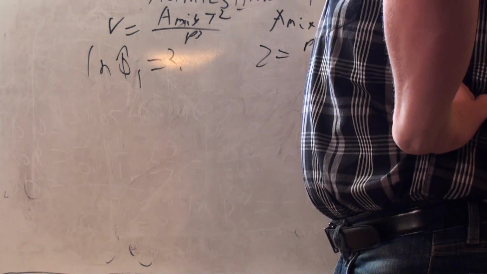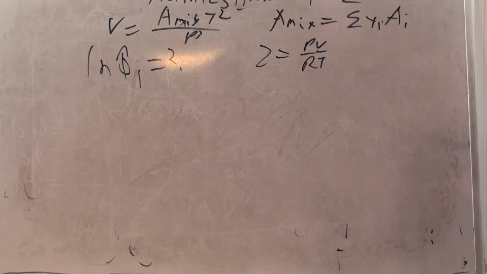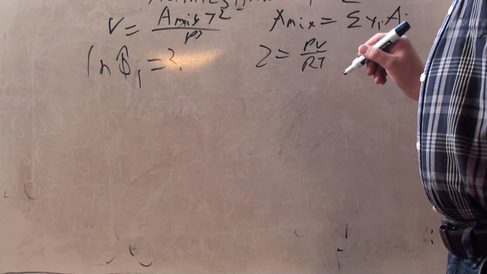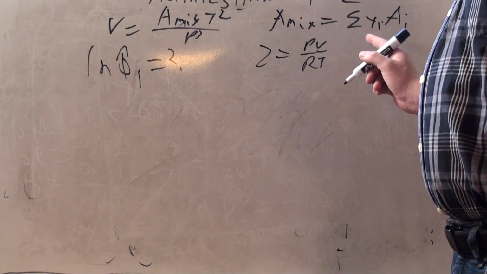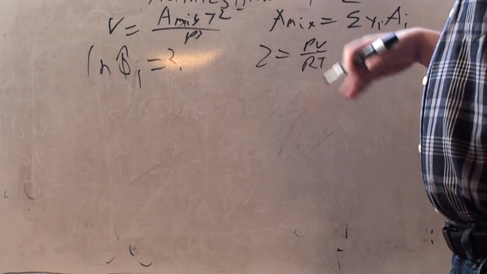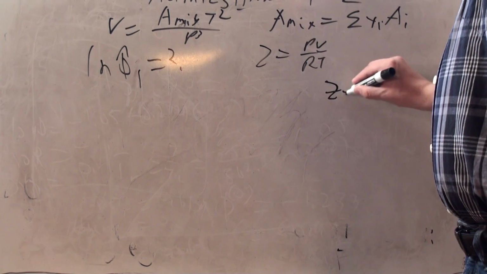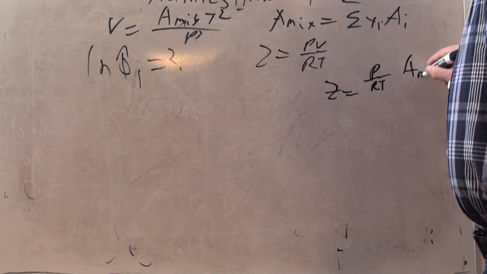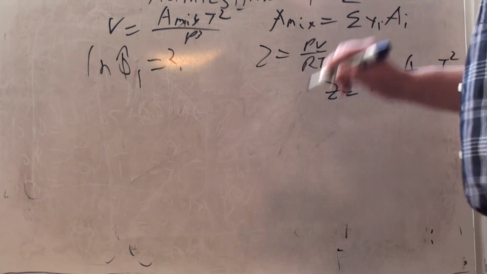z is equal to pv over RT. And so we want to multiply P over RT on that. So z is equal to P over RT times a mix times T squared over P cubed.